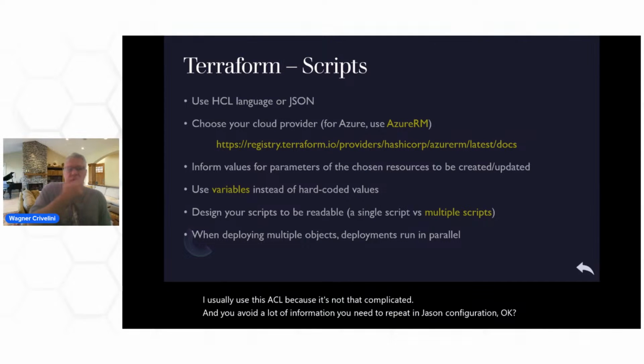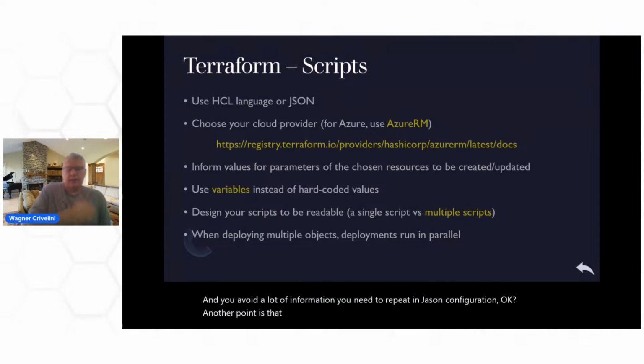Another point is that since we're going to focus on Azure resources in here, our major provider for our script will be Azure RM. And you have the link to download this provider and see the documentation and how to use it.